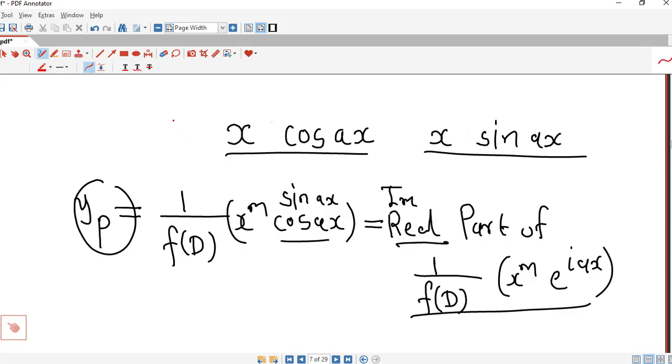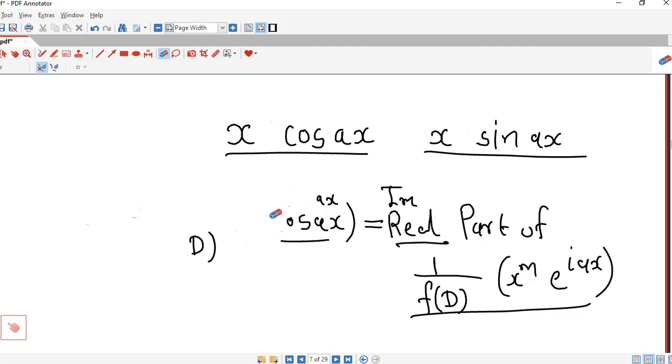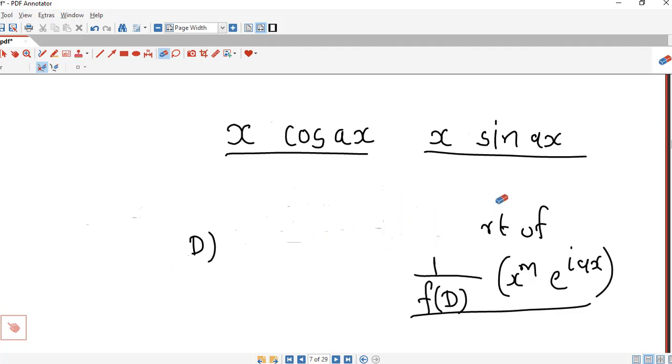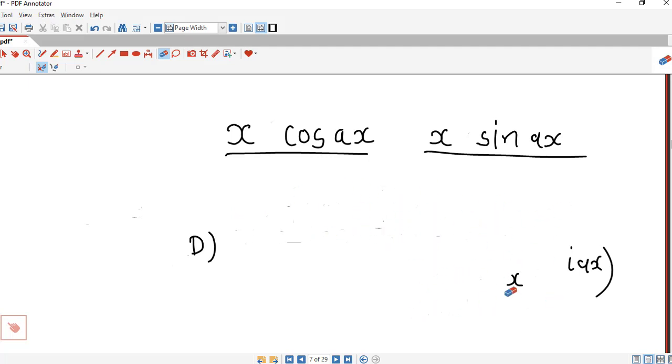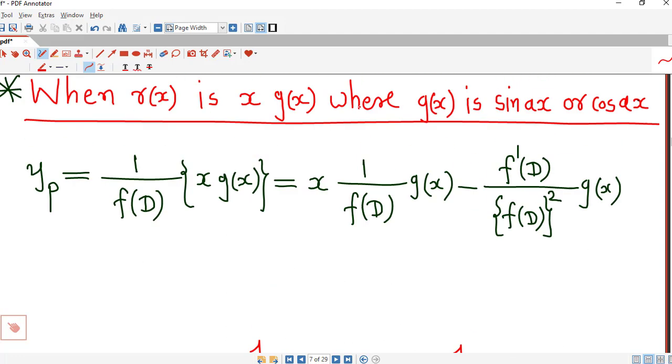So today we are going to discuss how to find out particular integral if we have x into cos ax or x into sin ax in the right hand side, but this is applicable only if power of x is 1, and that is very easy and short formula.